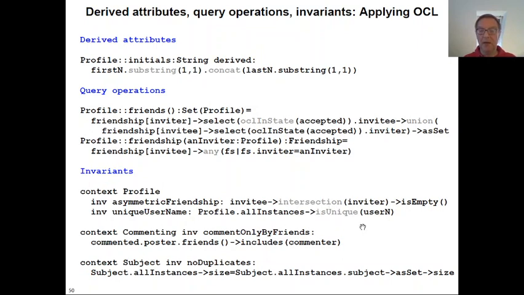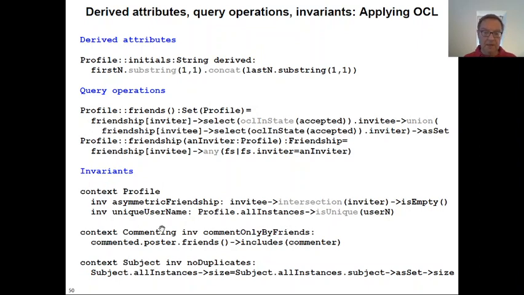There's a particular collection operation for this requirement, so we say profile all instances, and well, it's very verbose, isUnique username. The username is unique for all profile objects. So it's not the case that there are two different profile objects which have the same username.